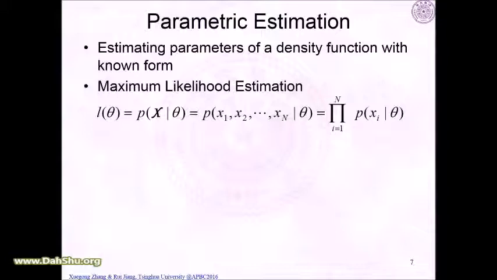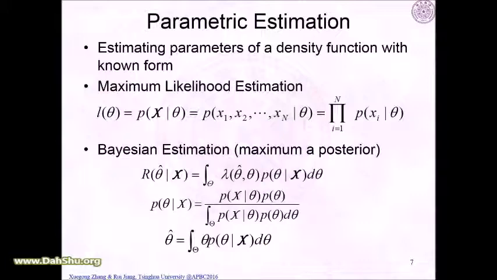But if we don't know the parameter, here the parameter is a variable, the data are known, then this joint density function is a likelihood function of the parameter. We find the parameter by maximizing the likelihood.